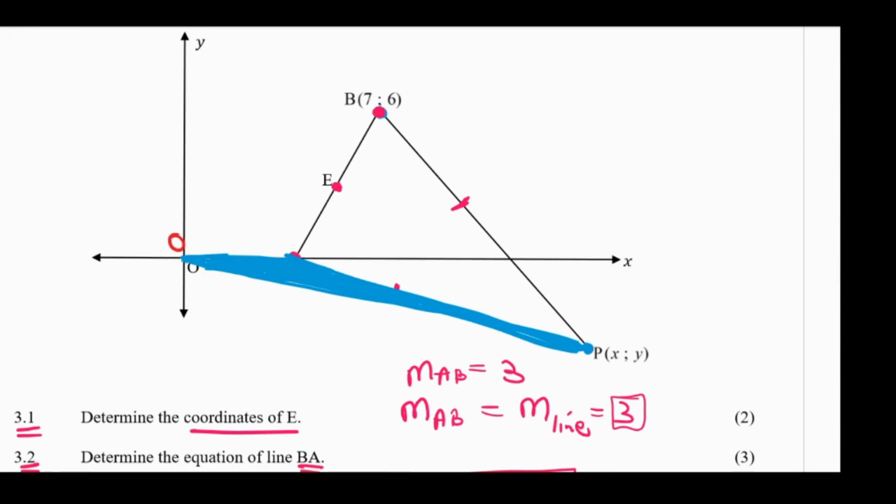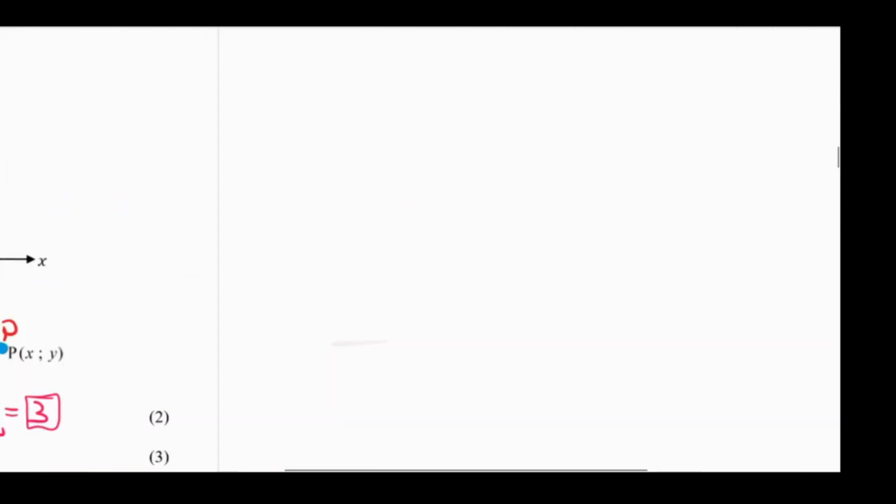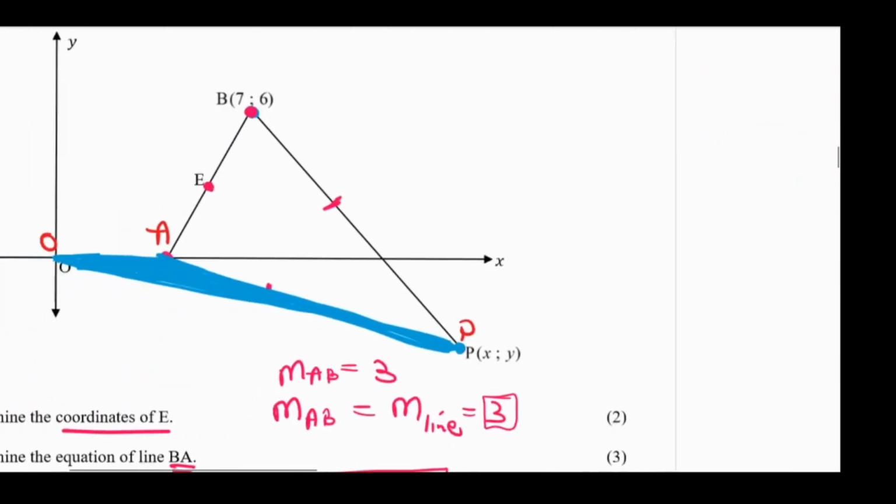So this is O, this is A, and this is P. So now we're having the diagram. It looks more like this one, right? And we have our P here, which is what we are looking for, x and y, right? As you can see on the diagram here.